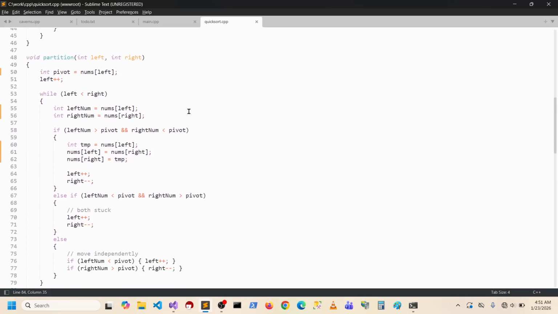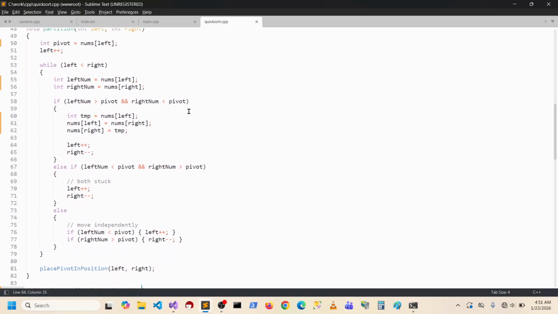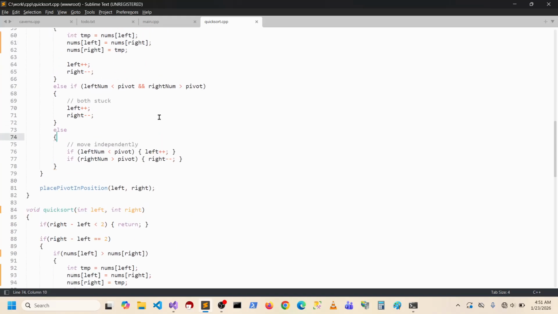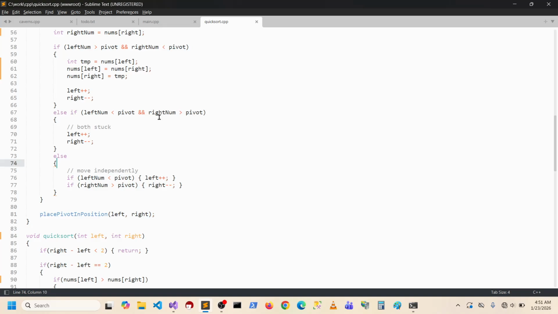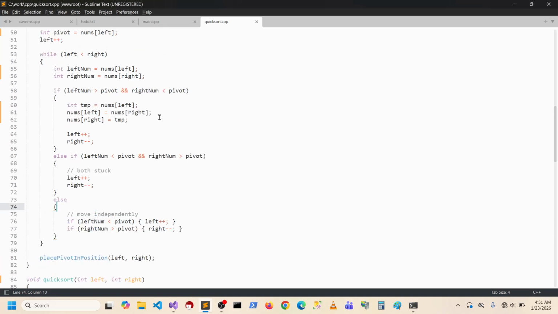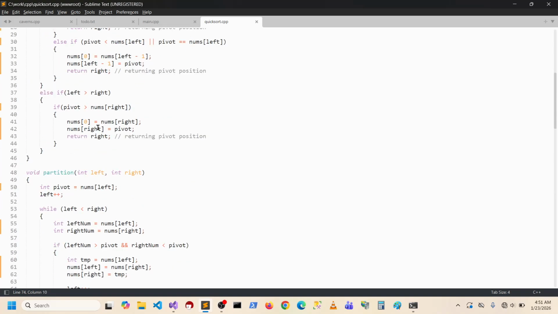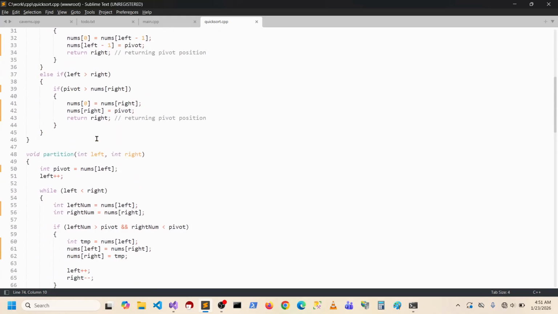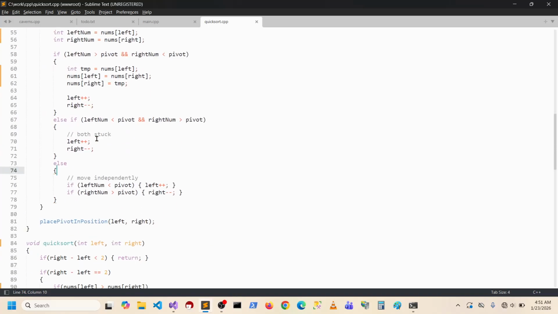Partition. Okay, we do need to return a partition though, I think. So we should do left, right. Where was it that we were doing that? Return right. But we're returning it to right here.